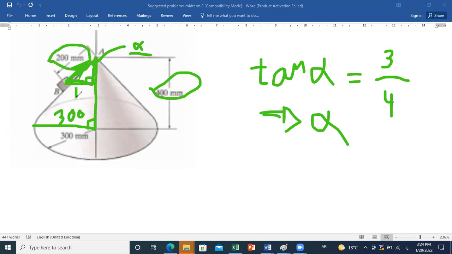So the radius of your circle is simply r equals 200 millimeter, or 0.2 meters if you are working in meters, times sine of alpha. So you can get your radius. Once you get the angle alpha and the radius, now you can project.